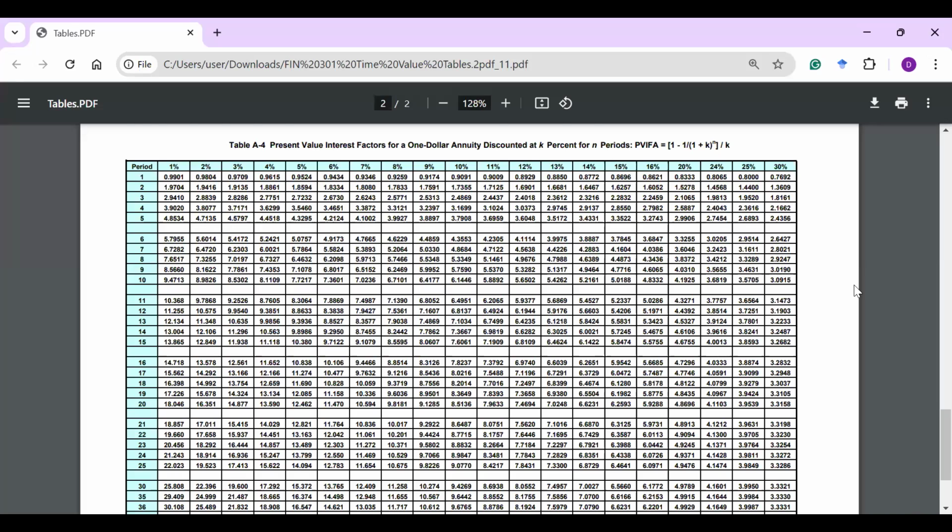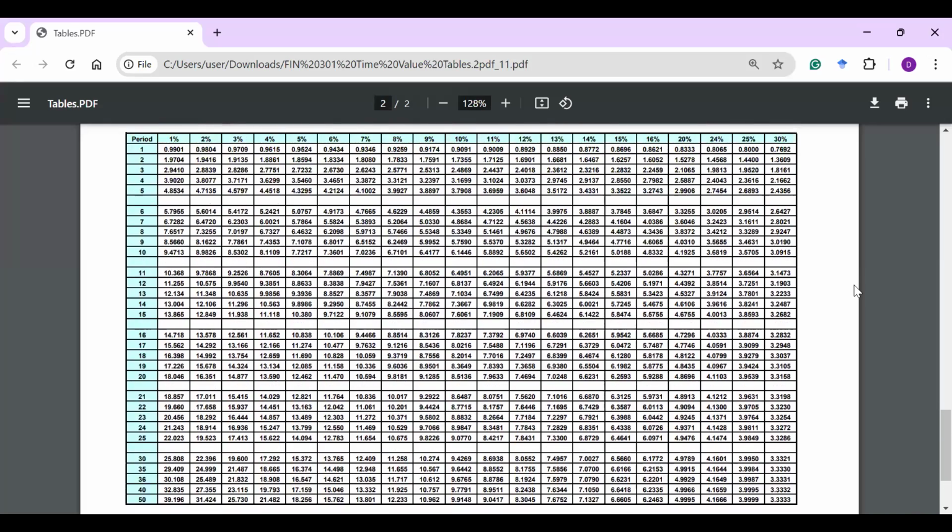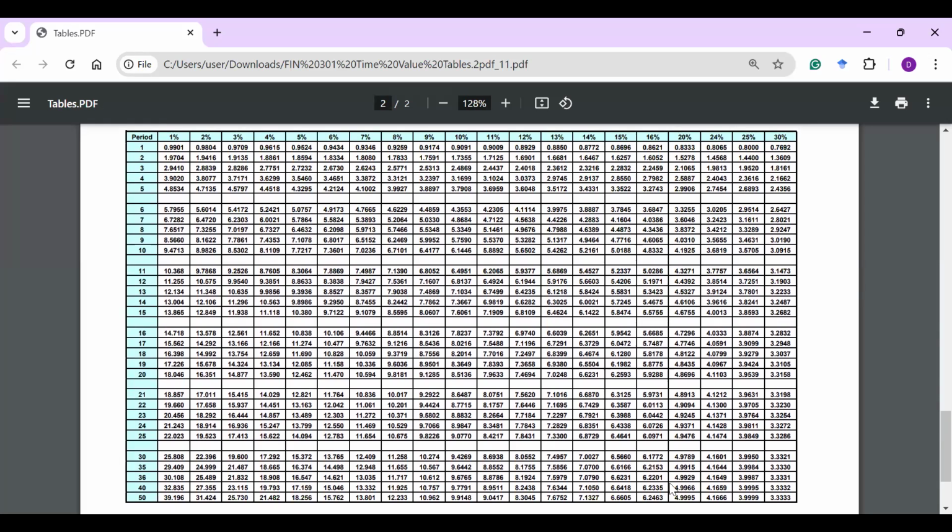Here, this is the table, and N would be 30 years. So here we have this one. This is important.